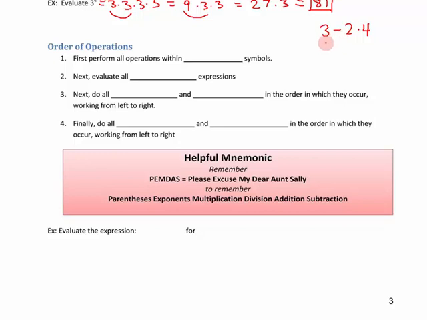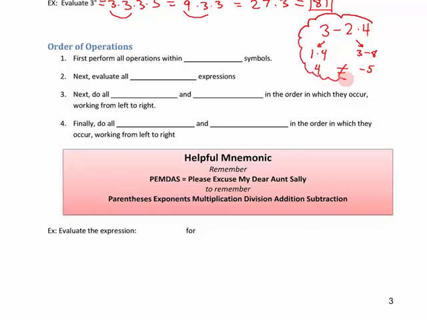If I do the minus first, I would get 3 minus 2, which is 1, times 4, which is 4. If I did the multiplication first, I have 3 minus 8, and 3 minus 8, as we'll discuss later, turns out to be a negative 5. But you get two different answers, right?